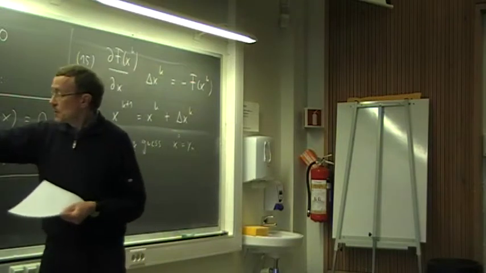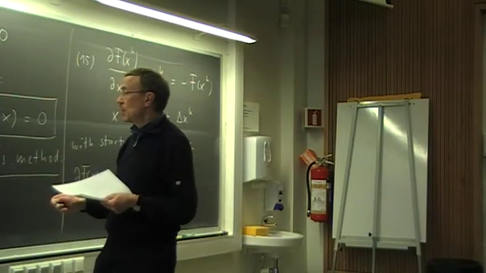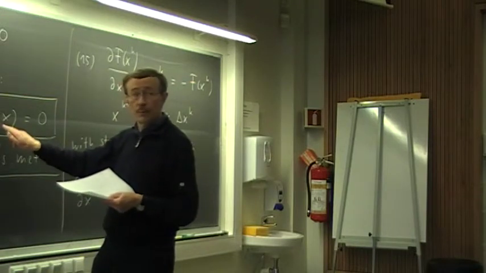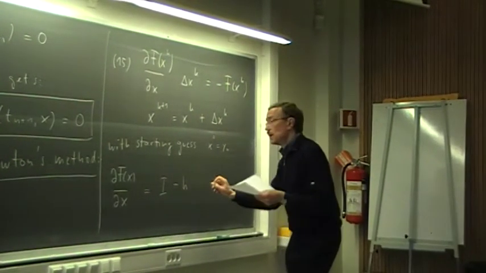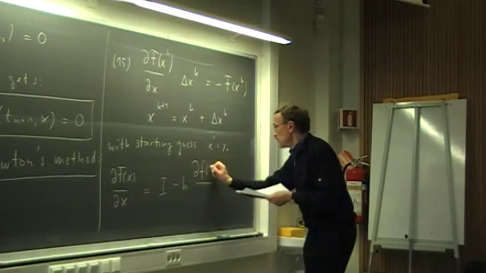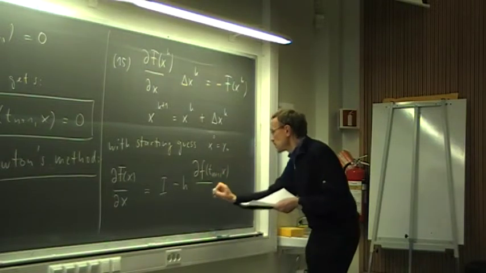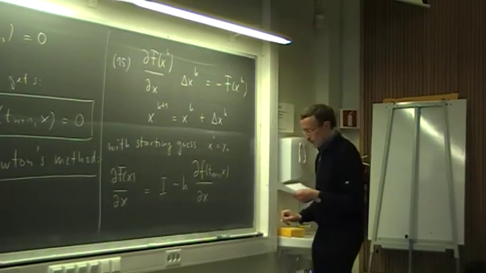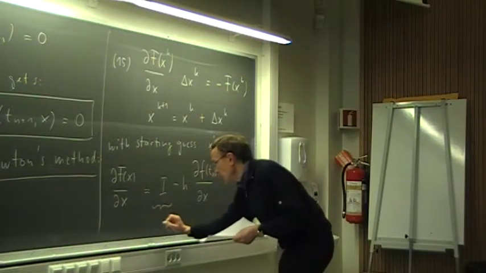And then this does not contribute anything because it's not dependent on x. We have a contribution from here, and here the Jacobian of f will come into play. So we'll get minus h, and then we'll get the df of Tn plus 1, x with respect to x. So that means here we have the identity matrix.